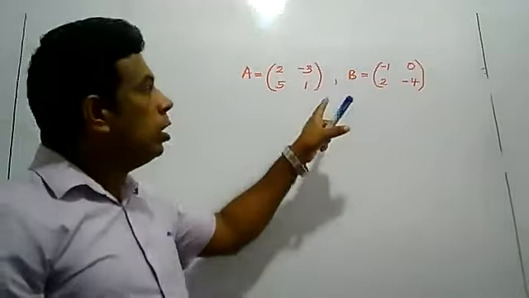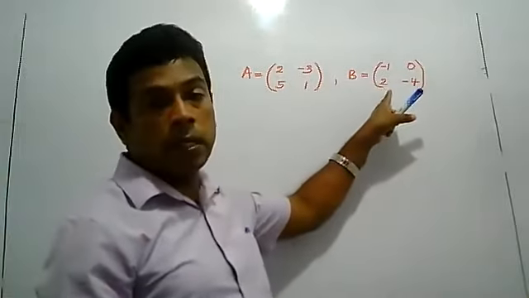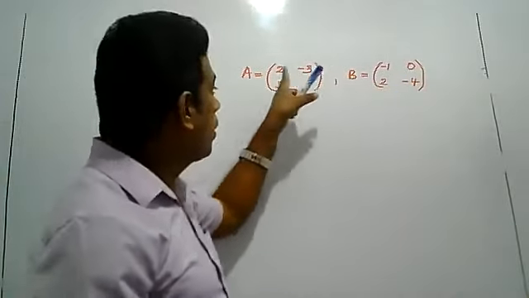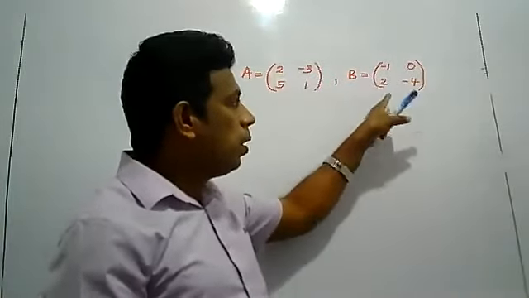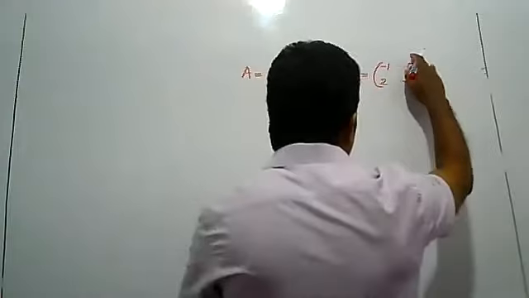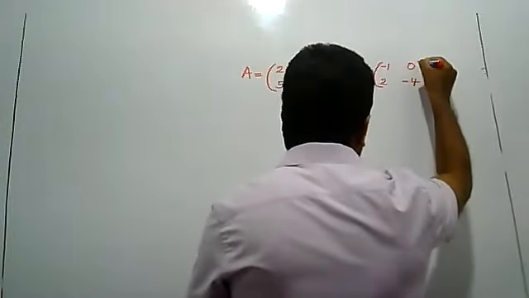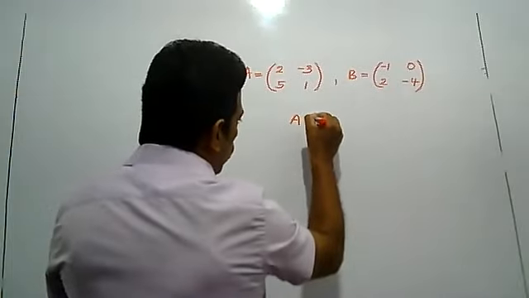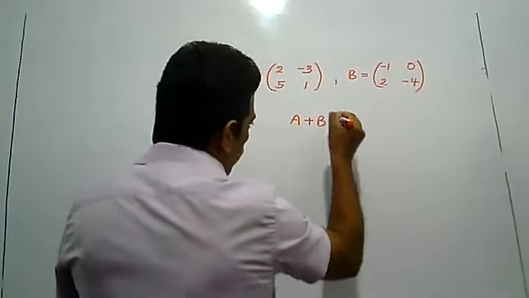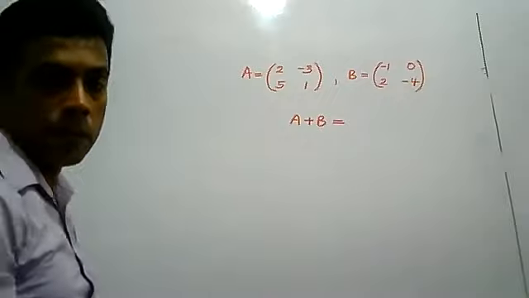You have seen the orders of these two matrices are equal. Matrix A, order 2 by 2. Matrix B, order 2 by 2. If these two matrices are of the same order, we can find A plus B. So, A plus B. I want to add two matrices.